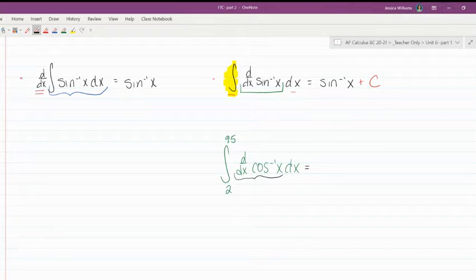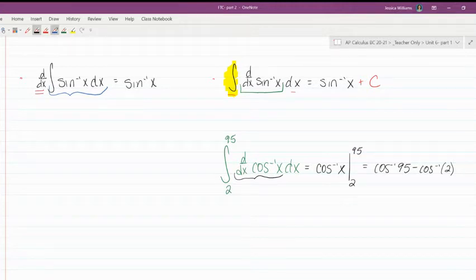Then you would come right back and anti-differentiate it. Now remember what we did yesterday with the bounds. So I would take its antiderivative and I would get the function right back, but I would have to evaluate it from 2 to 95. So this one would be the cosine inverse of 95 minus the inverse cosine of 2. And that's a quick little nuance for that.